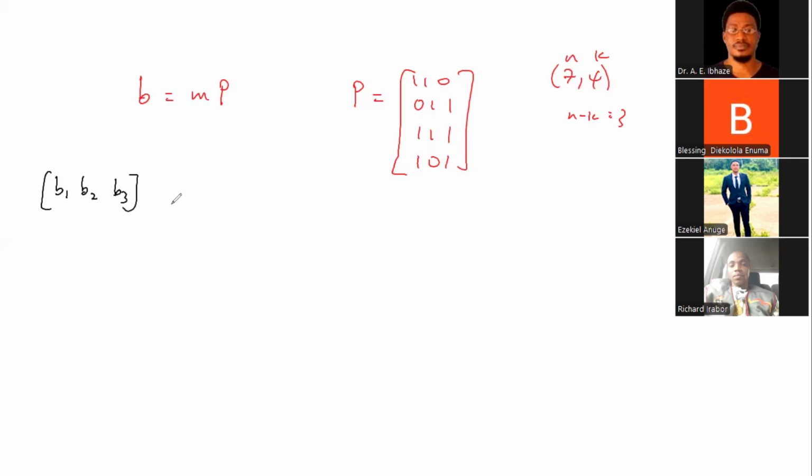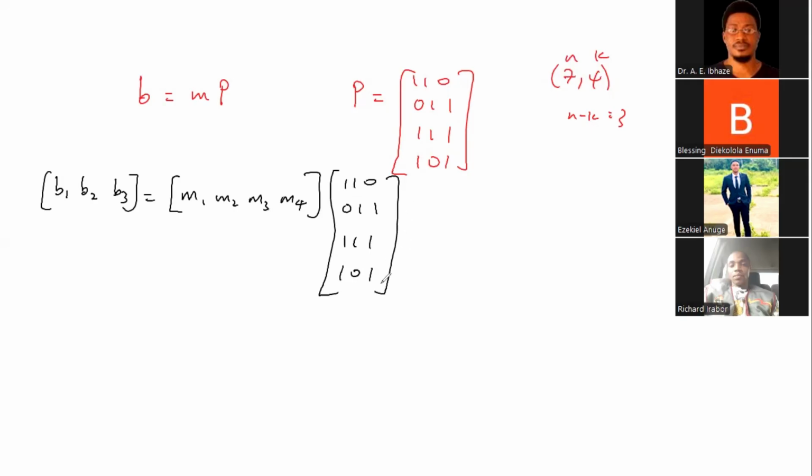I know it should be 3 bits. So this is going to be the same thing as my message bits, which I know should be 4, M1, M2, M3, M4, which we now multiply by this matrix: 110, 011, 111, and 101.